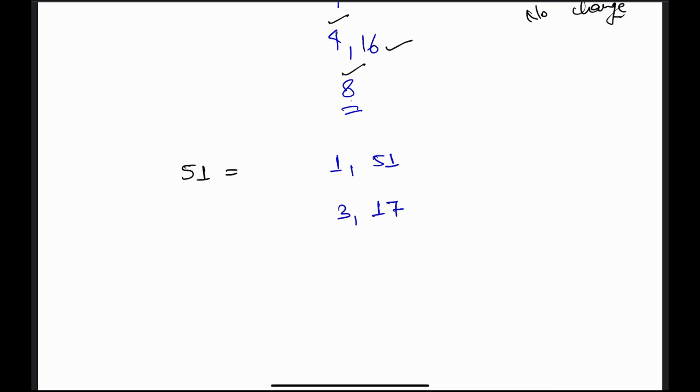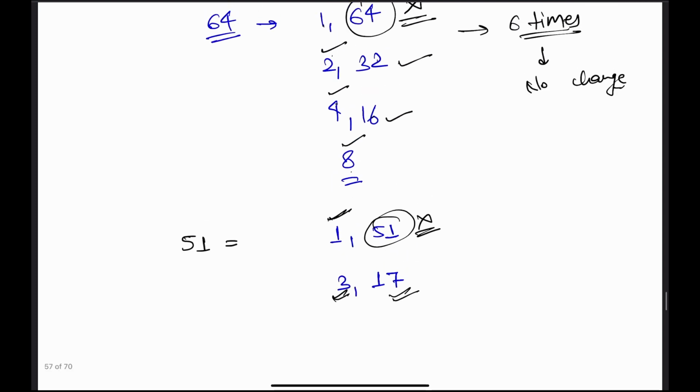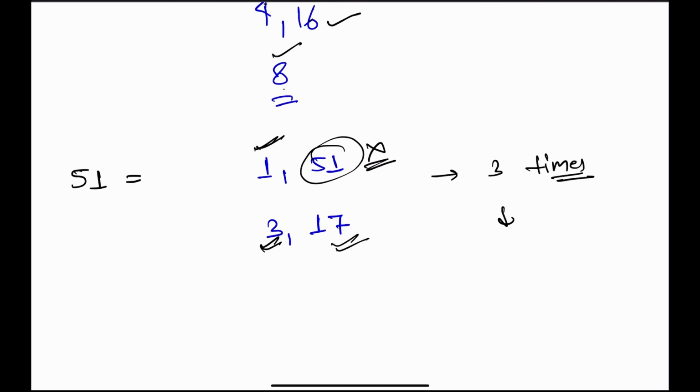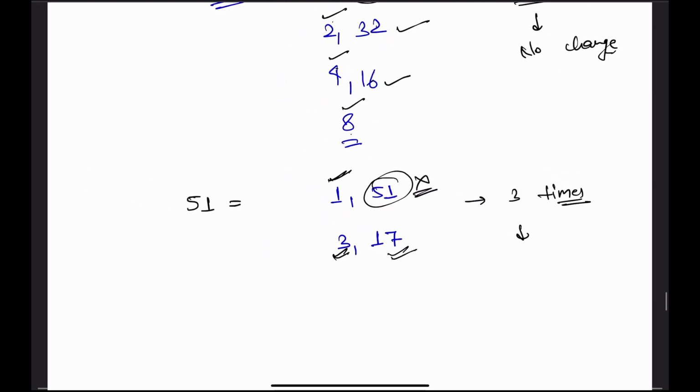So what is happening in this condition? 1 is allowed to go, 3 is allowed to go, 17 is allowed to go, 51 is not allowed to go. So how many times is it changing? It is changing 3 times. Previously it used to change 4 times, which is no change, but now it is changing 3 times, so it will change the state.